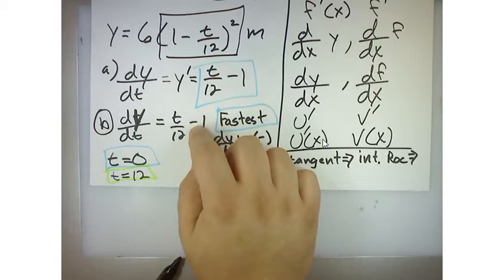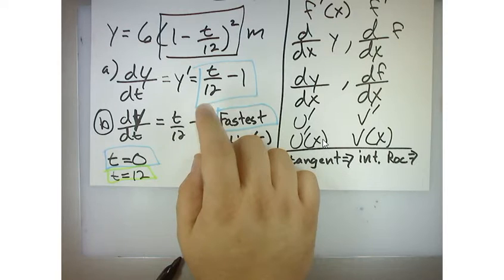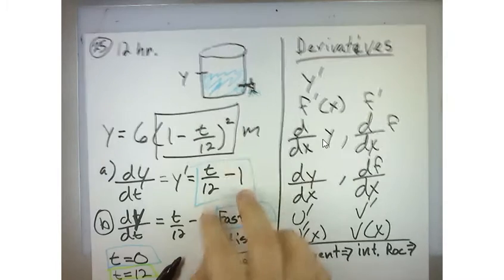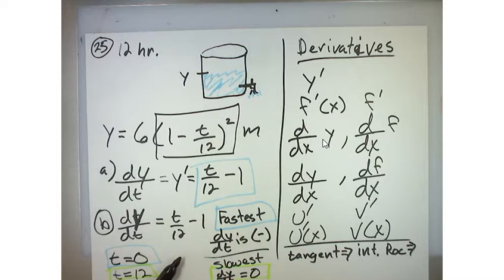Do you guys understand that? When we think of rates, we always think of rates as increases. But how should we think of these rates? The water coming out. We're decreasing the water level, so we need to think in terms of decreasing rates, which means negative rates. I don't want a positive rate.